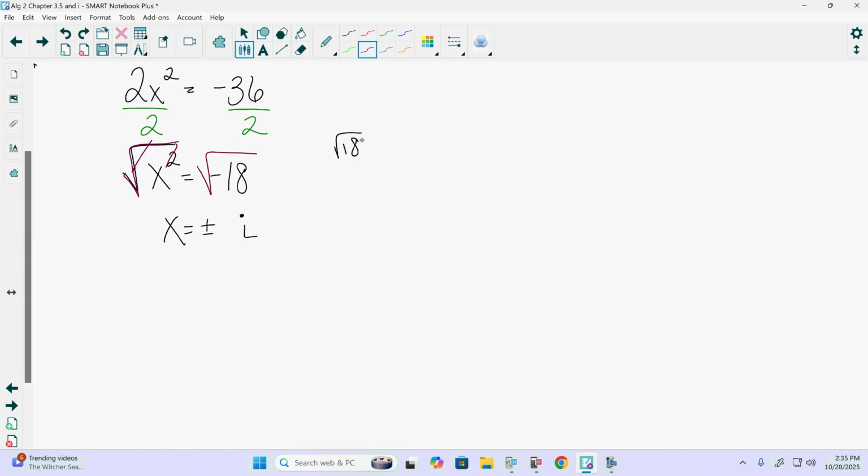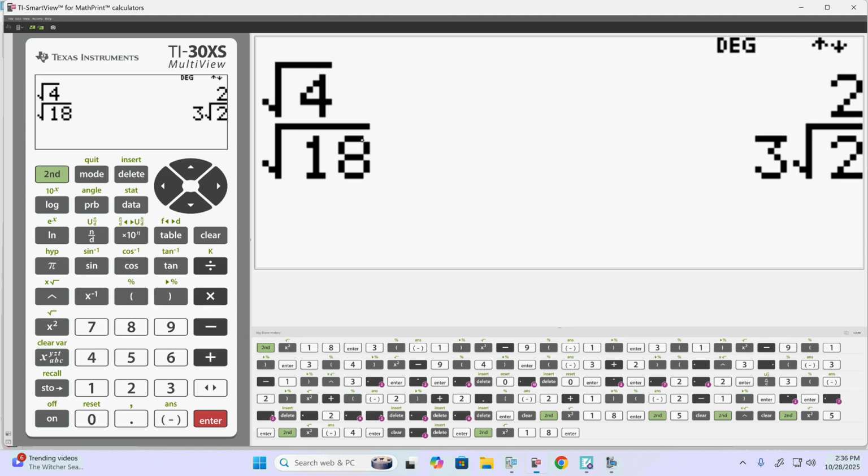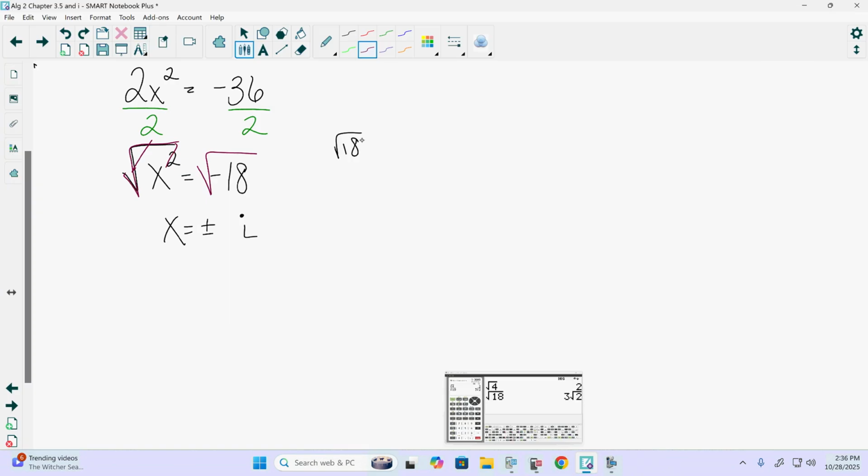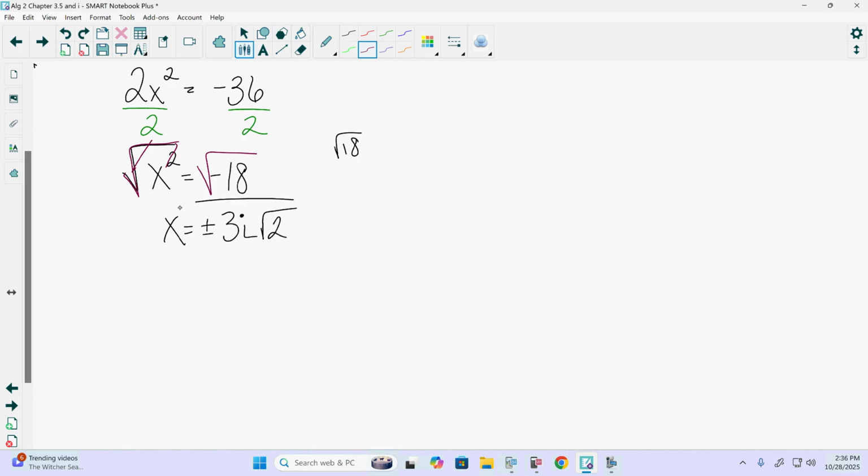Which means now we're really just looking at the square root of 18, we're just trying to find it. And I'm just writing this over here so we can mentally see what we have left to simplify. The square root of 18 simplifies to 3 square roots of 2. Meaning that the square root of negative 18 should simplify to 3i square roots of 2.